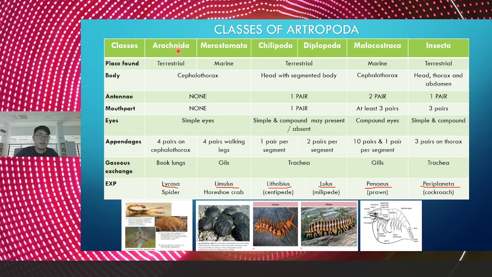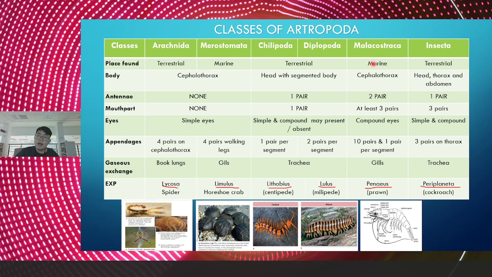For Arachnida, the example species is spider. Spider is under Arachnida. And the horseshoe crab, you can see here, is under Merostomata. Chilopoda and Diplopoda are the centipede and millipede. What are the differences?